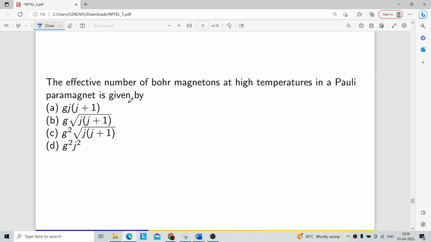So from class, we got for paramagnets the susceptibility formula as 1 over 3, J into J plus 1, N, this G mu B. But this G is the Landé G factor.